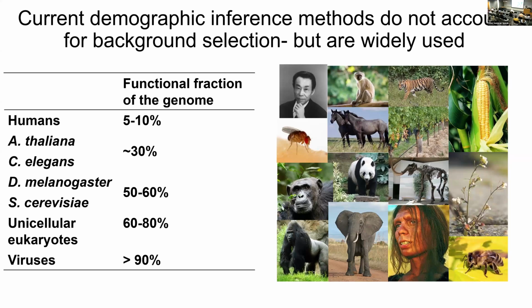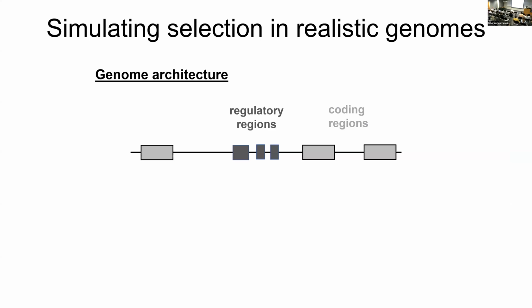We also wanted to test that very specifically, because the recombination rates and so on are also different across these genomes. So one of the things we did was simulate very realistic genomes this time, where we mimicked the genomic architecture, the distribution of exons, the distribution of regulatory regions based on previous data, and how much selection is really acting on a genome.